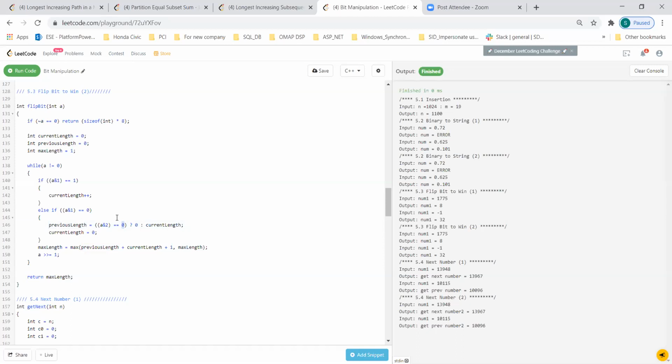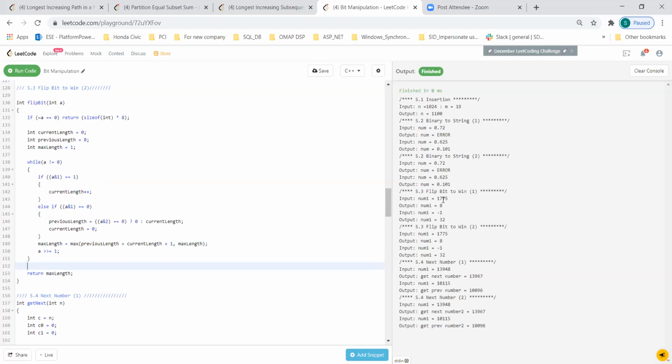We just need to know if it is 1 zero or more than 1 zero. If it is more than 1 zero, then we always say our previous value will be 0. And if it is only a single 0, then we say our current value will now be previous. And whatever current we were calculating, we just keep on updating with this max length. So then the problem becomes very easy, correct?